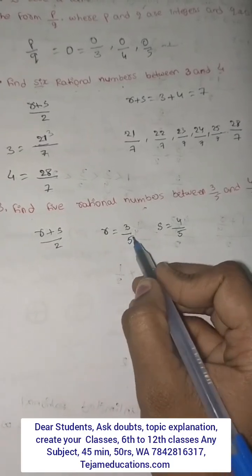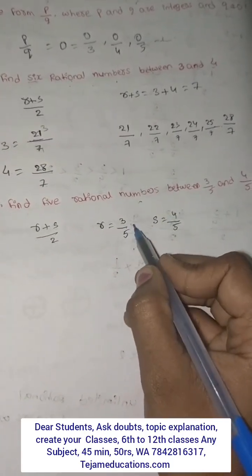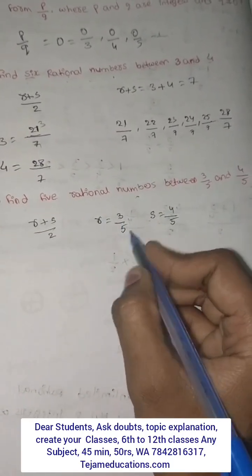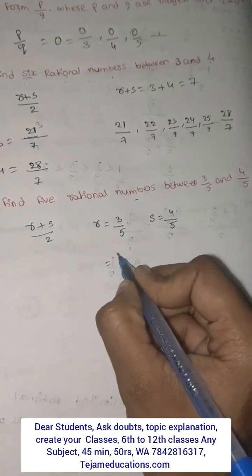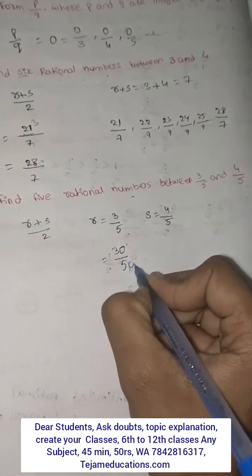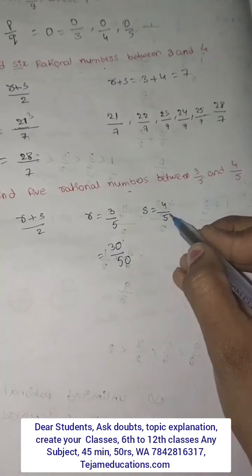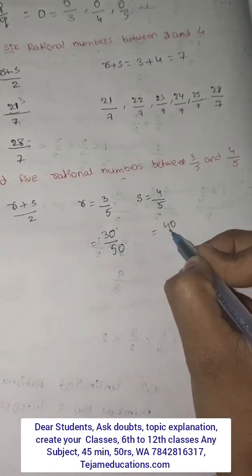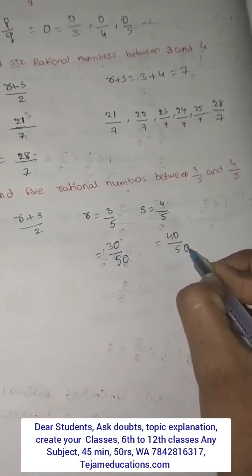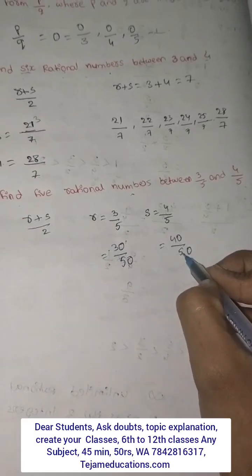So we can write 3 by 5 as 30 by 50. If we cancel the 0s, we get 3 by 5. And also we can write 4 by 5 as 40 by 50. If we cancel the 0s, we get 4 by 5.